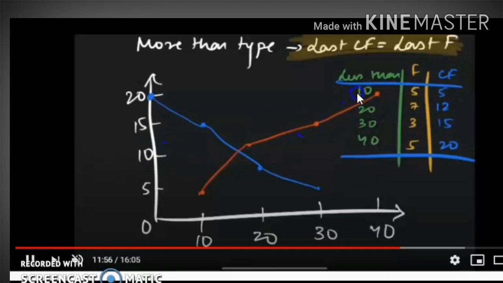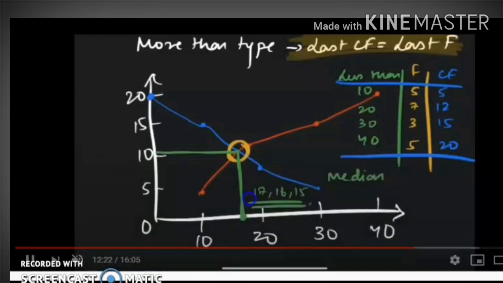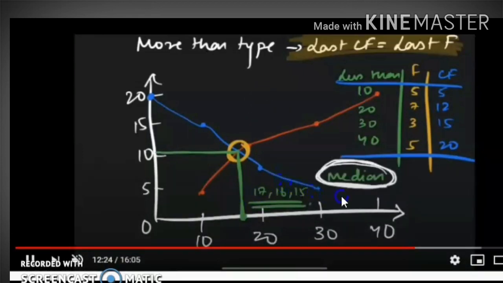So adjoining these points, you will be marking the point where the two curves meet, and this is the point where you can find the median. So it's 17 or 16 or 15. We can't predict exactly, but if it is a graph, we can predict the actual value.